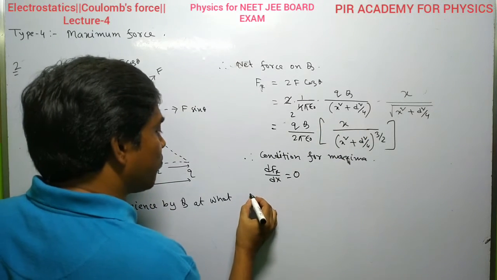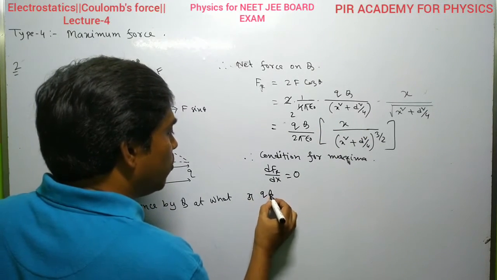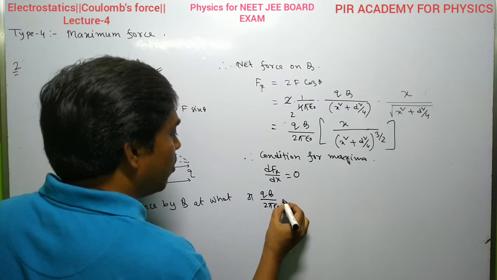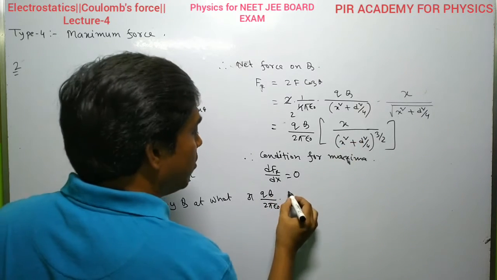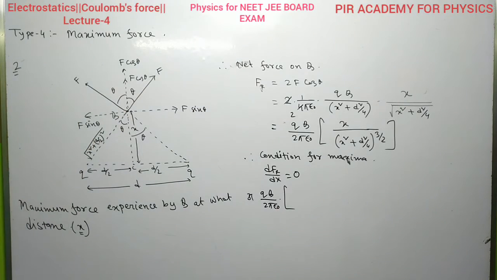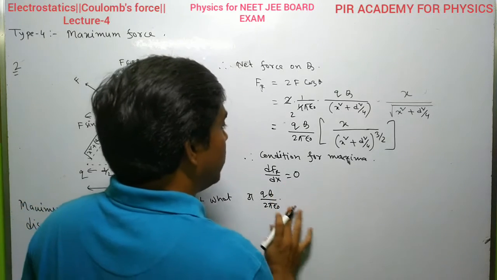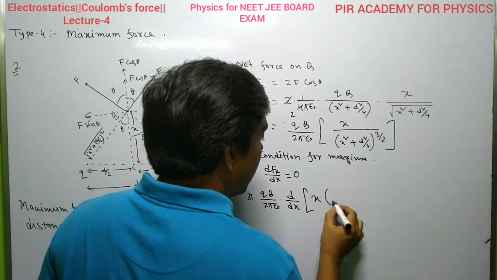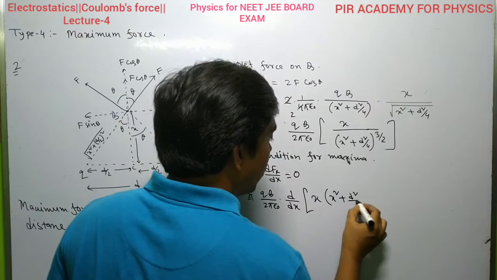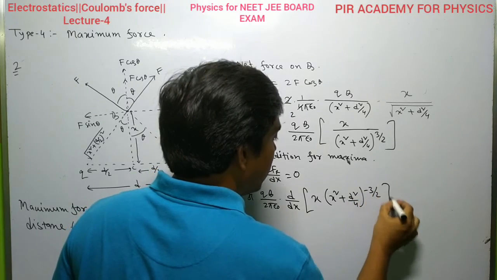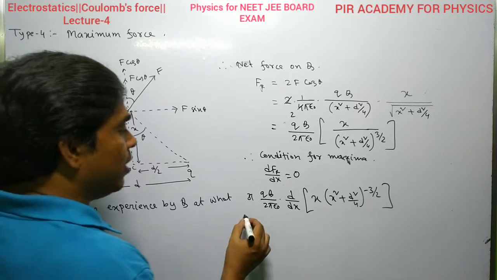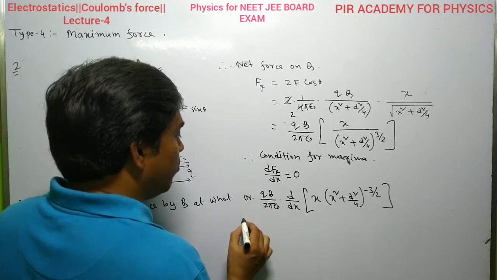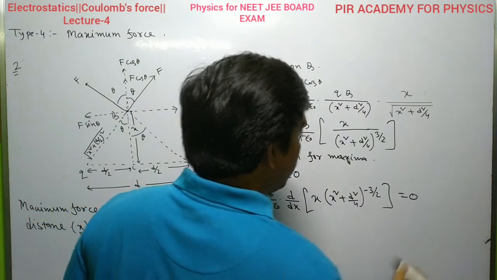So it will be q by 2 pi epsilon naught into d by dx of x times (x square plus d square by 4) to the power minus 3 by 2, equals 0.